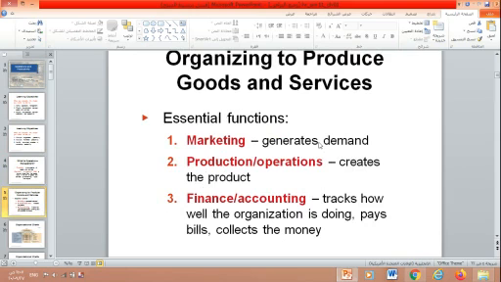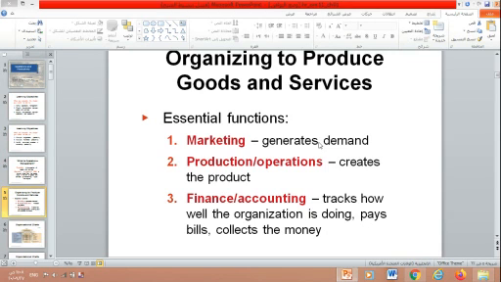Okay, organizing to produce goods and services. As you know, all organizations perform 3 to 4 main functions which are necessary for production and organizational survival, and they are as follows. First, marketing, secondly the production or operation, and finally the finance or accounting.